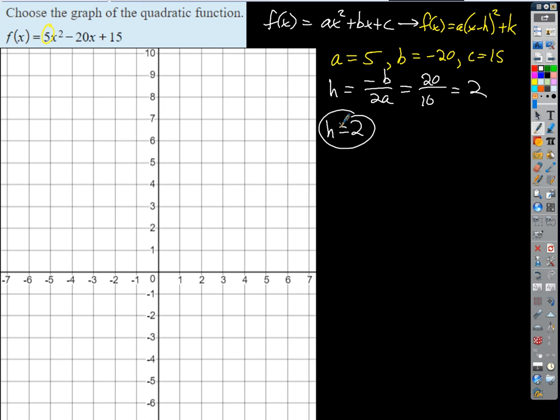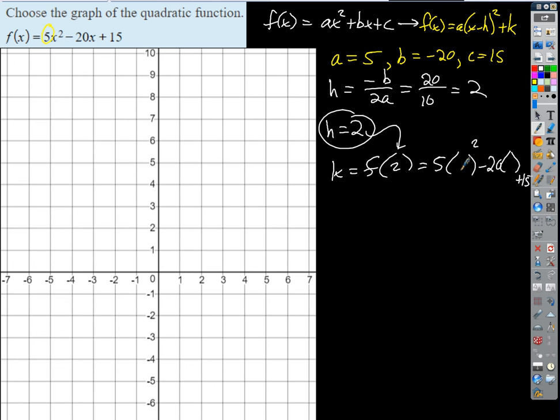So K is just the y coordinate. If we have a function, how do we find any y coordinate? Plug in the x value and find the y value. So K is just going to be f of 2. Well, what is that? The way we can calculate that is every place we have an x, put a set of parentheses so we can plug in a number. So we get 5 times x squared minus 20 times x plus 15.